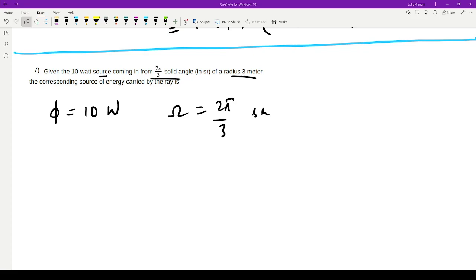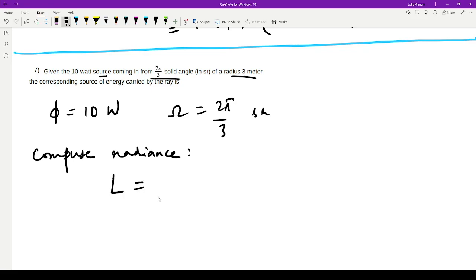So we need to compute radiance out there. How will we compute radiance? What is the formula for radiance?